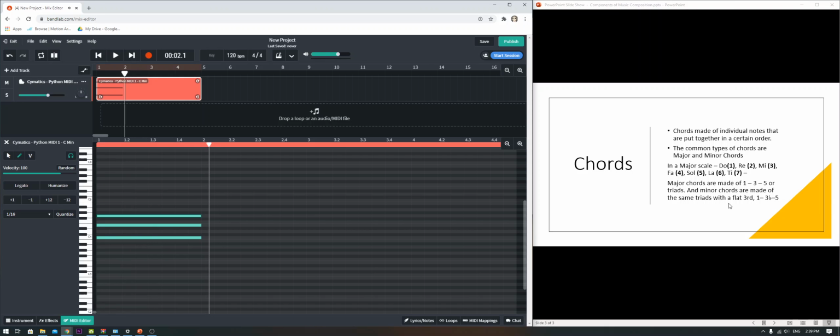How about C minor? Minor chords are made of the same triads but with a flat third. What does flat mean? It means you push that third note back a half step. In your DAW, you see these black and gray lines, right?